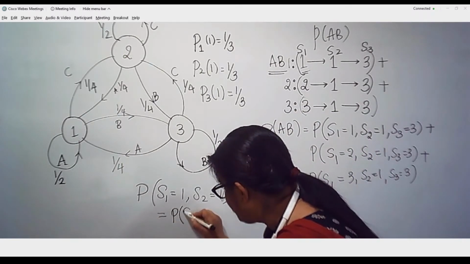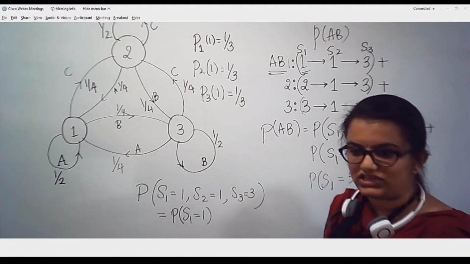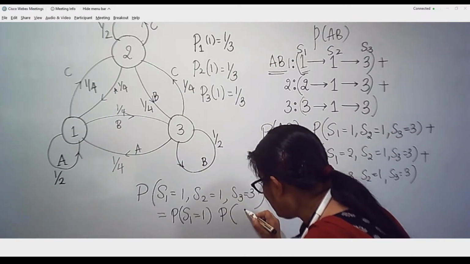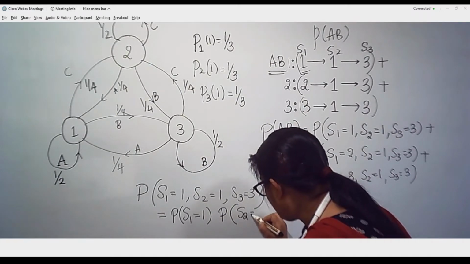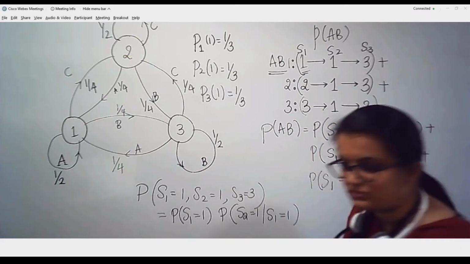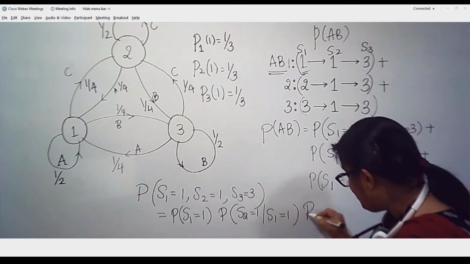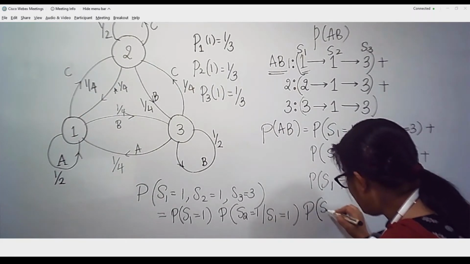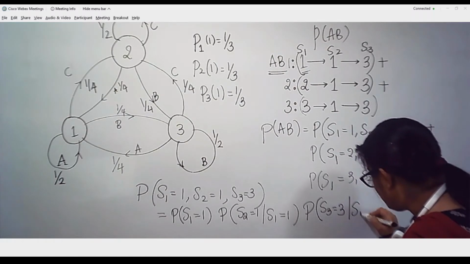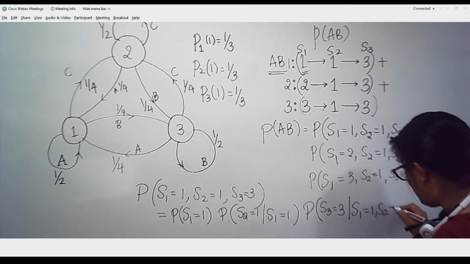the probability that it first begins at state 1, P of S1 is equal to 1, multiplied by the probability that S2 is equal to 1 given that S1 is equal to 1, multiplied by the probability that S3 is equal to 3 given that S1 is equal to 1 and S2 is equal to 1.